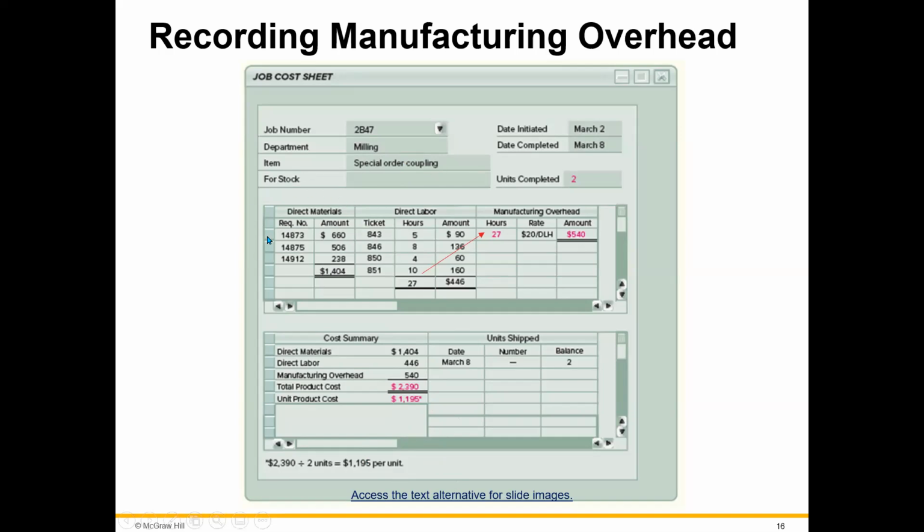You will have the direct material cost accumulated, direct labor cost accumulated, and the manufacturing overhead applied, normally one time, okay, when the job is completed, so we can finish the whole job cost sheet to figure out the total cost and unit cost.